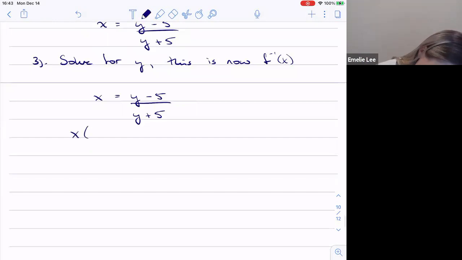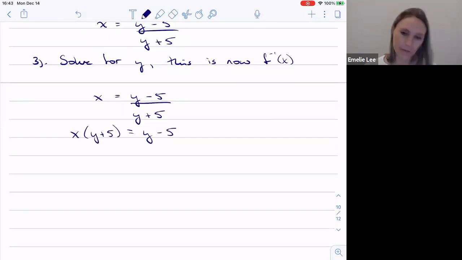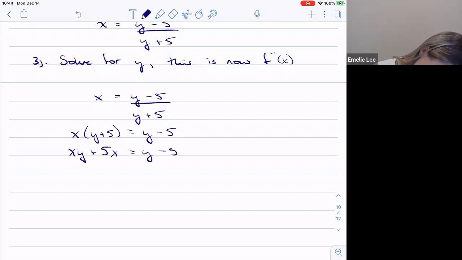So I get x times (y plus 5) is y minus 5. Okay. So now I have a y here and a y here. I'm going to expand this out to try to get at that y. So now I have xy plus 5x is y minus 5.